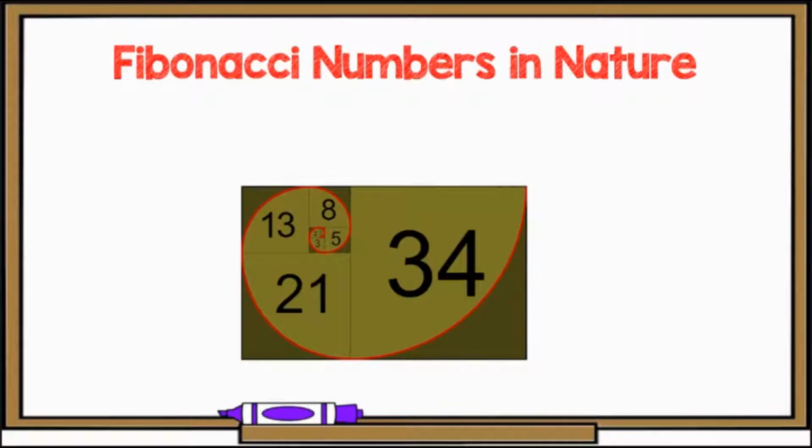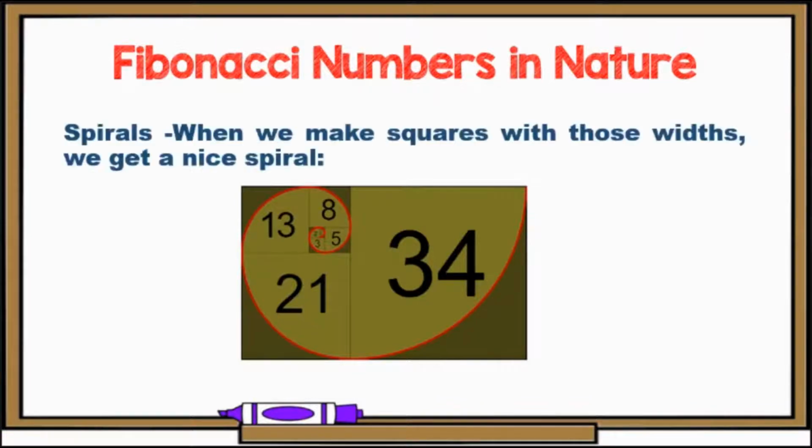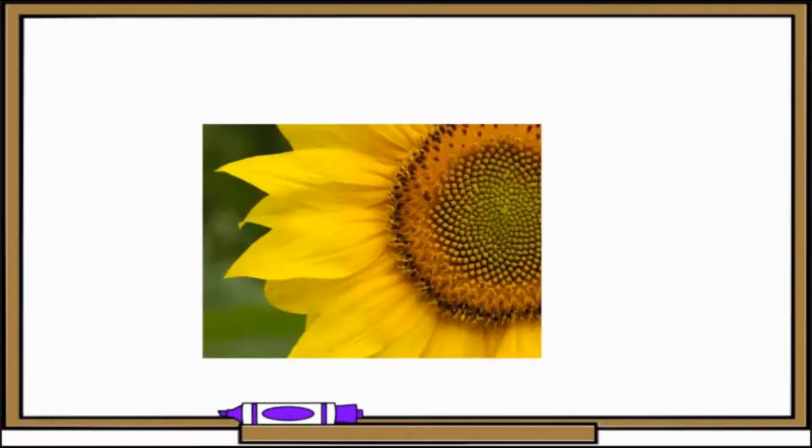Now, let's talk about Fibonacci numbers in nature. For example, spirals. When we make squares with the numbers from the sequence, we get a nice spiral. Also, the pattern from the sunflower is an example of a Fibonacci sequence in nature.